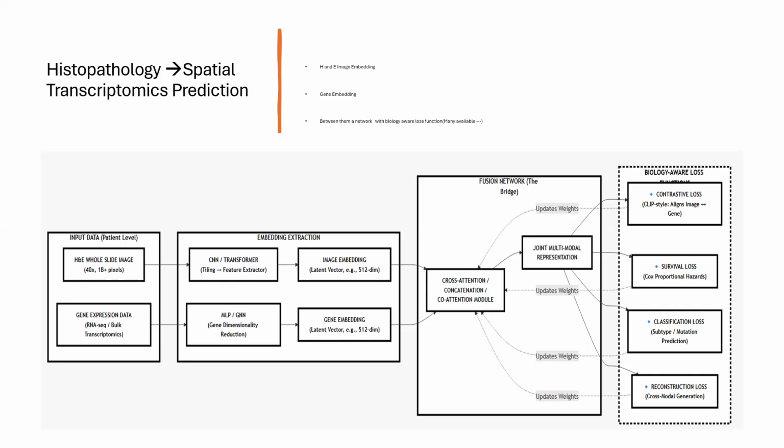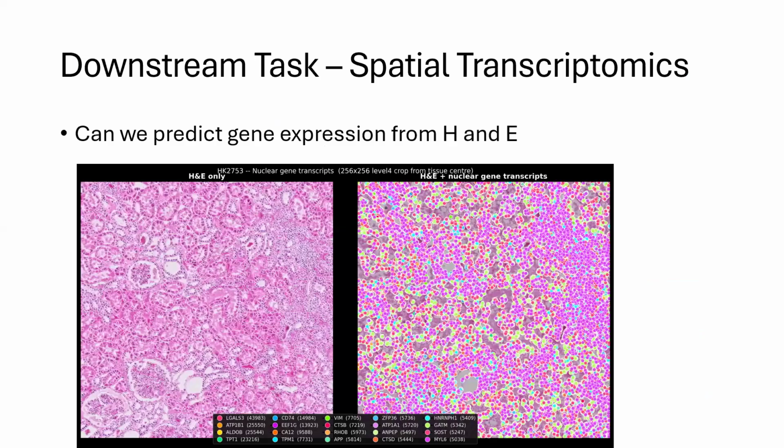But the huge problem is that even when you get the genetic expressions, sometimes the ground truth may also have noise. So we need a neural network that studies uncertainty, some kind of probabilistic neural network, to process that. Here is an example: the left side is an H&E image, and the right one is the nuclear gene expression data.